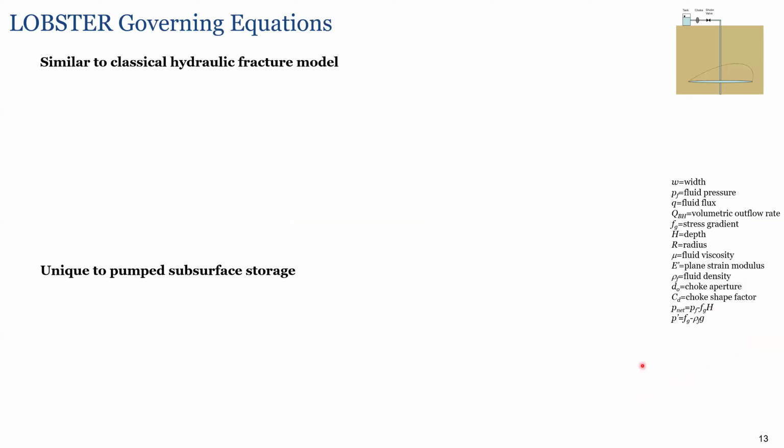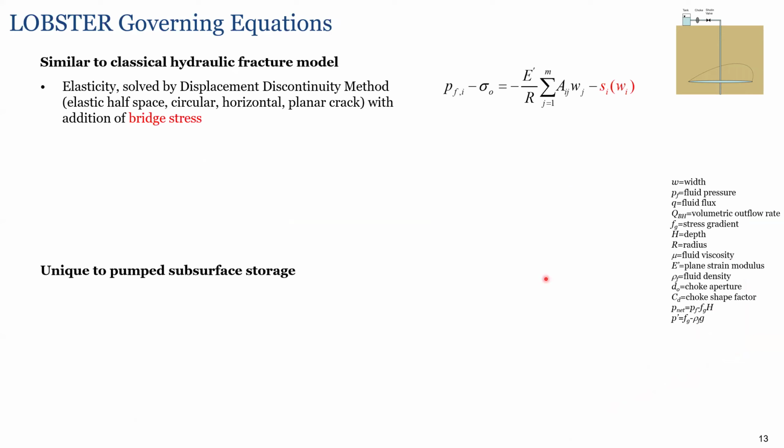So where I got involved was in modeling this lens inflation and deflation. It's in a lot of ways similar to a classical hydraulic fracture model. It's similar in the sense that you have an elasticity equation that relates the width to the pressure. So this is pressure minus in situ stress, has plane strain elastic modulus, crack radius.